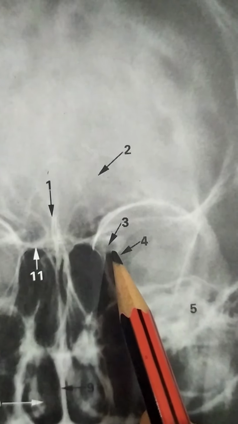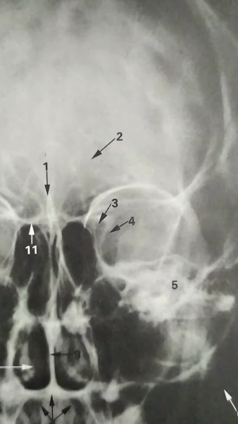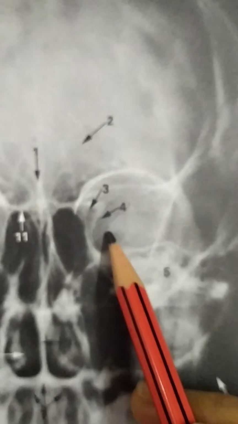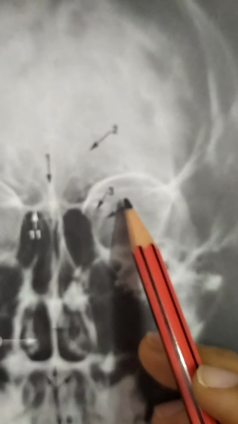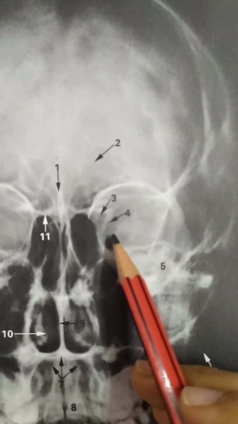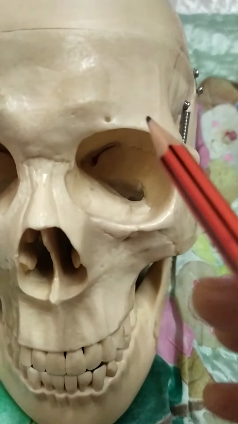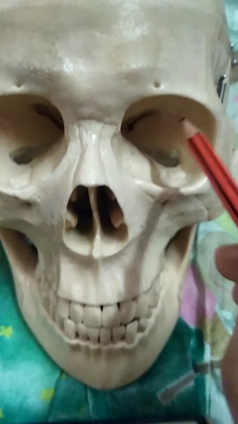Next, the point number 3 corresponds to the optic canal, while point number 4, which is somewhat kidney bean shaped, corresponds to the superior orbital fissure. As I mentioned, this one was the superior orbital fissure.